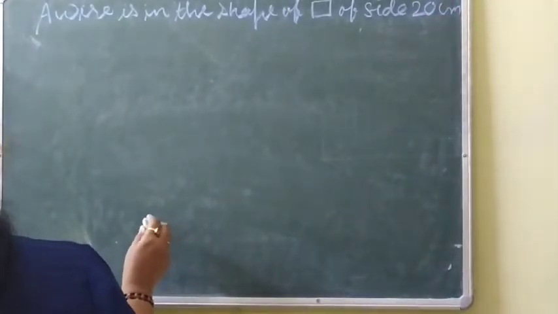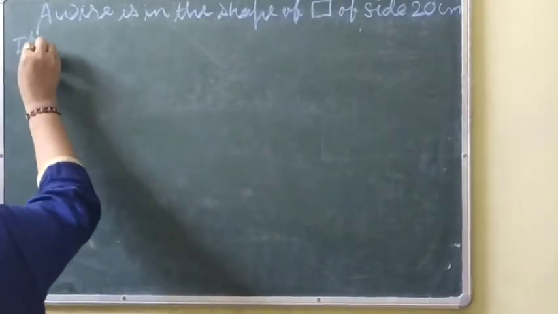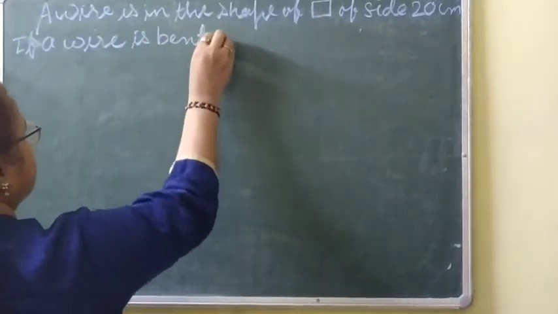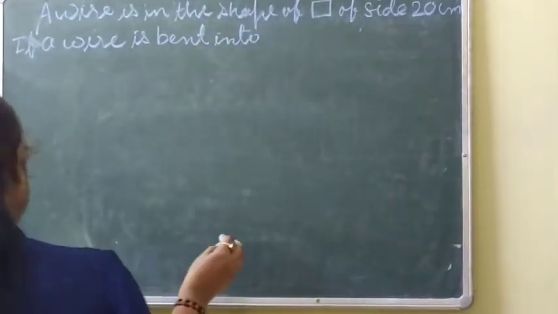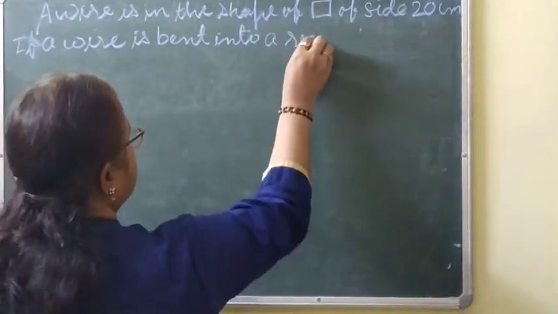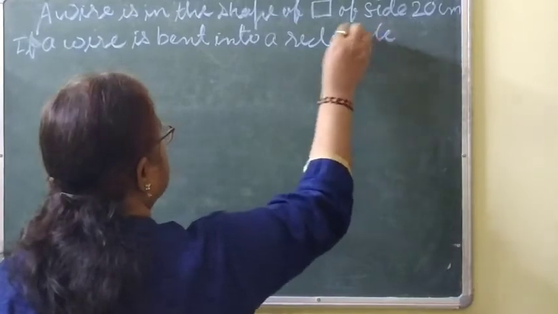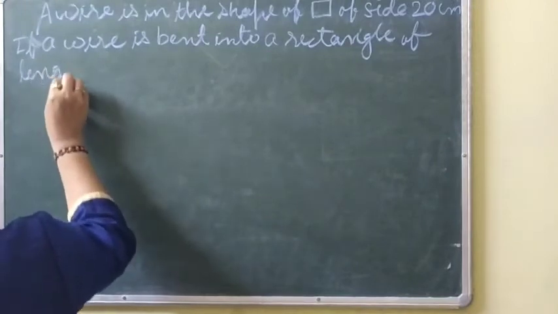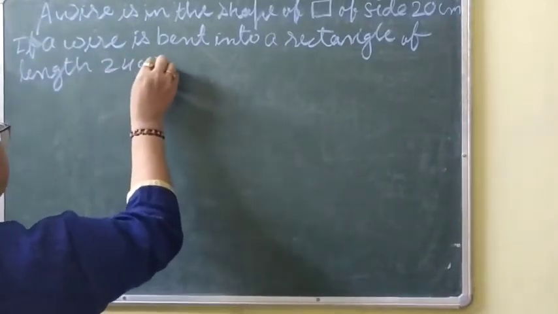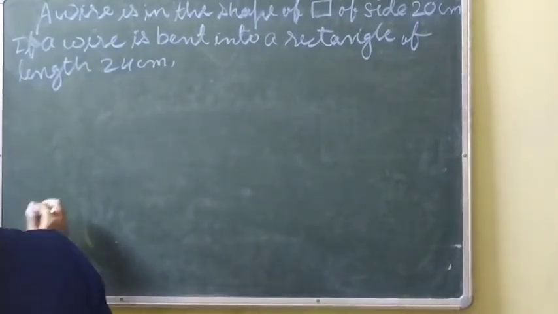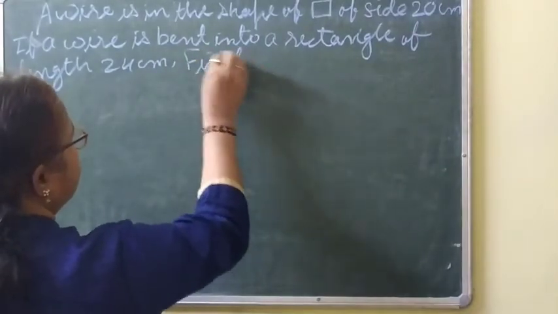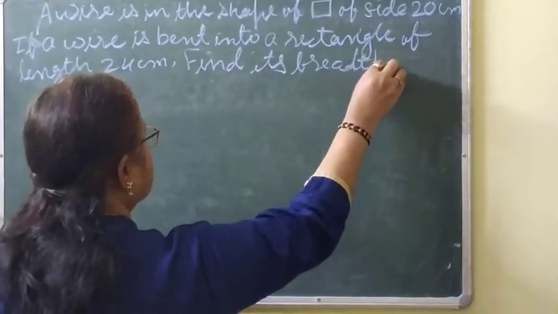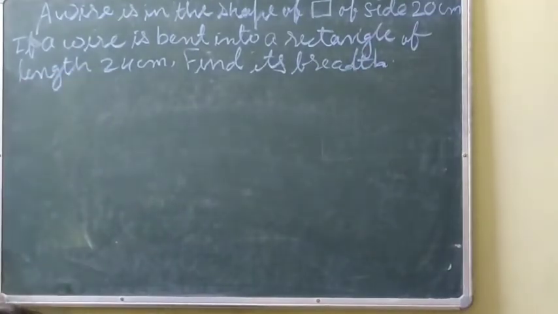If the wire is bent into a rectangle of length 24 centimeter, find its breadth. Okay, this is the question.